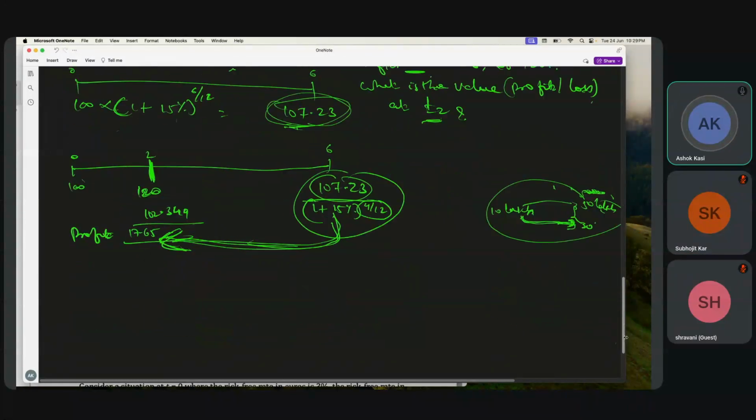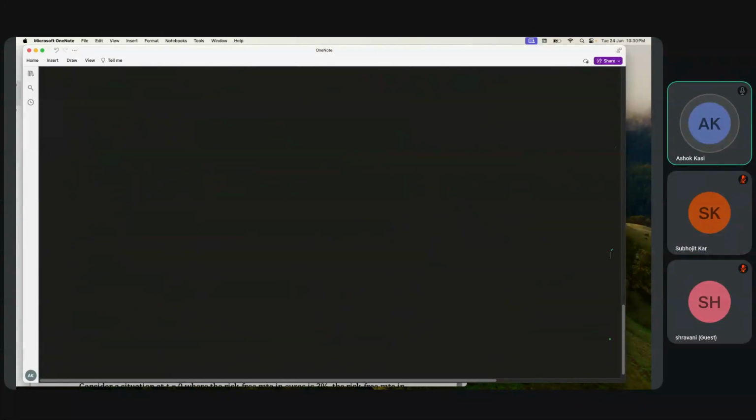Okay, now one more example. Another one. Let's say spot is equal to 2000. Expected dividend in 2 months, okay, dividend is expected in 2 months, 50.